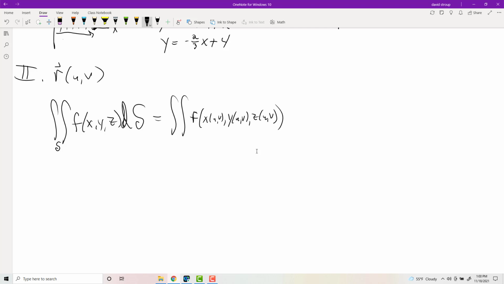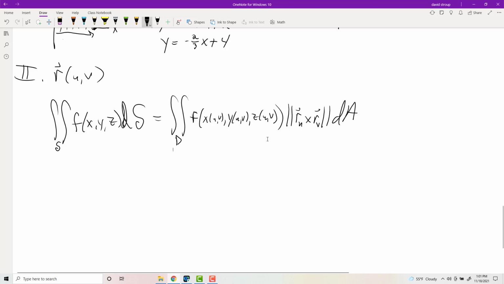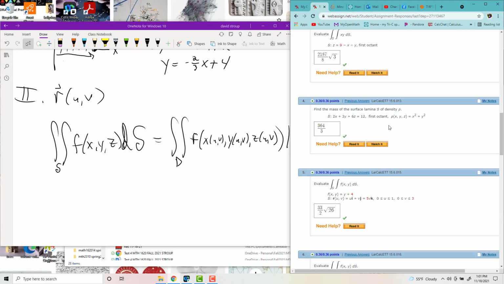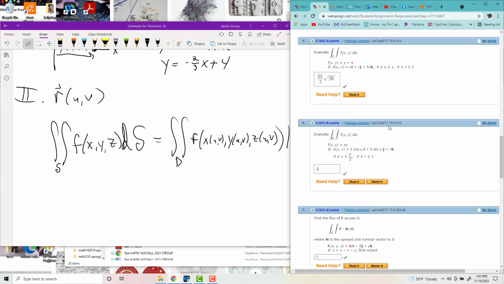Instead of that square root of 1 plus f_x squared plus f_y squared, it'll be the magnitude of the cross product of r_u and r_v dA, right? And we're integrating over some weird region in the uv-plane. So let's see if we can get our hands on one of those.